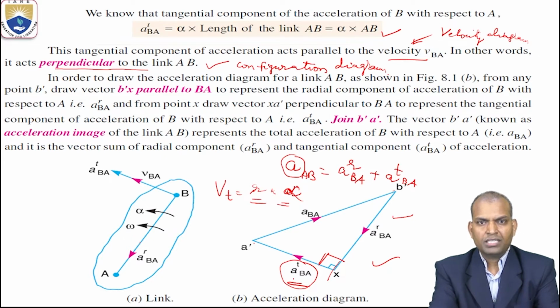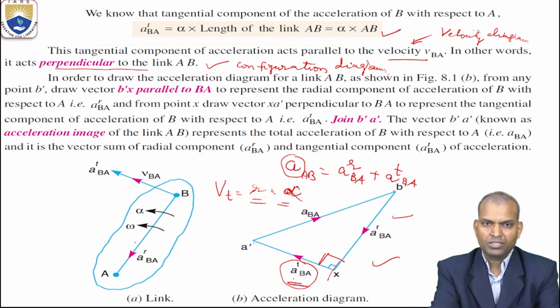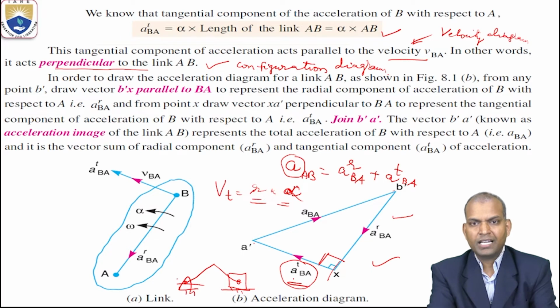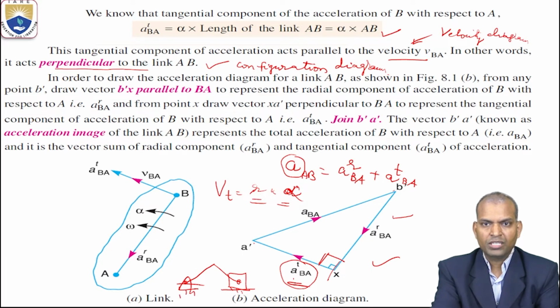So here, if we consider any mechanism like the simple slider crank mechanism, how many turning pairs are there? There is one sliding pair and all the remaining are turning pairs. In the slider crank mechanism, fixed link 1, 2, 3, 4.